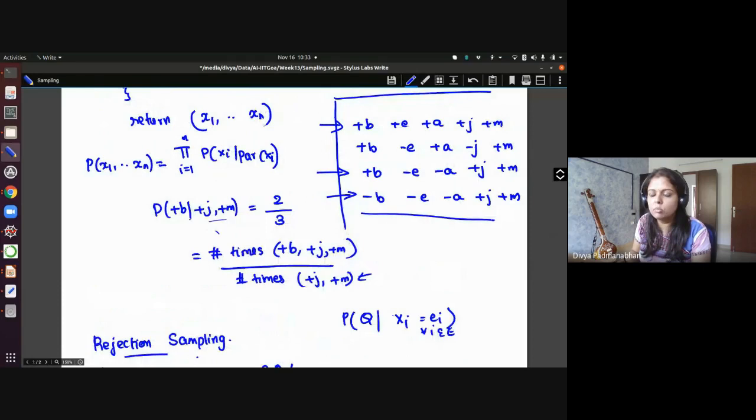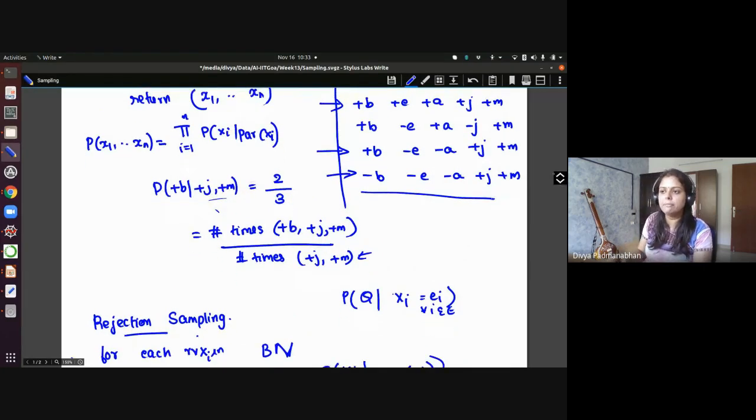Remember, when we computed in prior sampling or even rejection sampling, the query probability was just the count of the number of times you got the relevant sample. So essentially you were considering the weight of each sample as one.